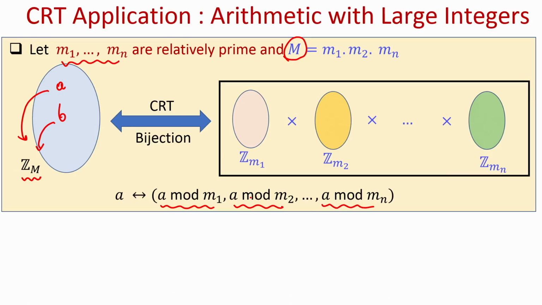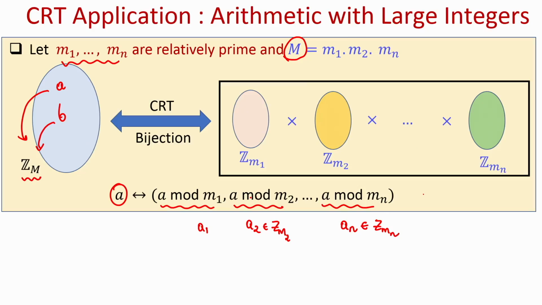So, that is an injective mapping, and the mapping is surjective as well, because if I give you arbitrary values of A1, A2, ..., An, where A1 is in the range 0 to m1 minus 1, A2 is in the range 0 to m2 minus 1, and An is in the range 0 to mn minus 1, then I can find out the corresponding A in the range 0 to m minus 1, whose CRT representation will be A1, A2, ..., An.